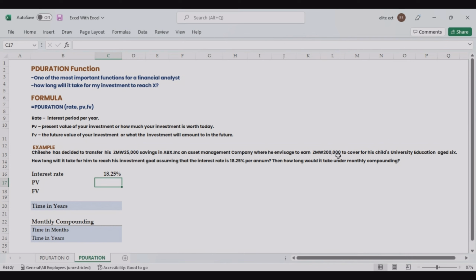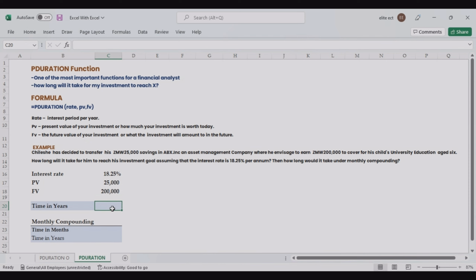So 25,000 kwacha is the present value, and the future value, or our investment goal target, is 200,000 kwacha. At this point, we are set to use the function.